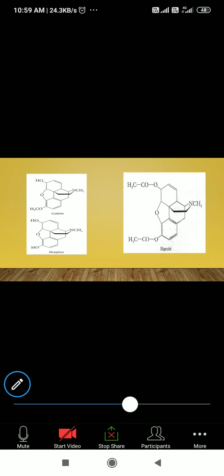These secondary alkaloids are muscle relaxants. They also have antioxidant property, so they act as scavengers for free radicals, or they can be used as metal chelating agents. They also have hydrogen donation ability. These secondary metabolites are also antimicrobial in nature.